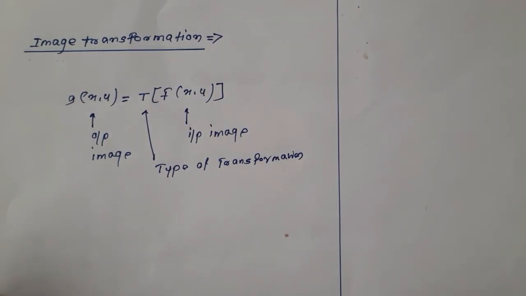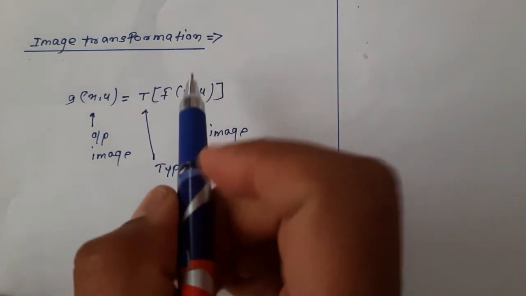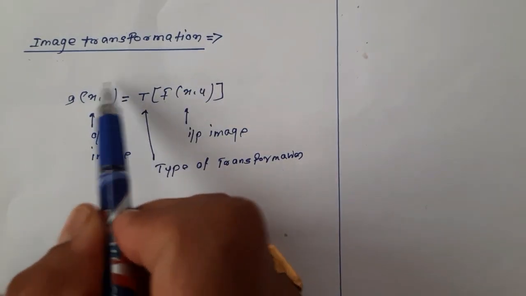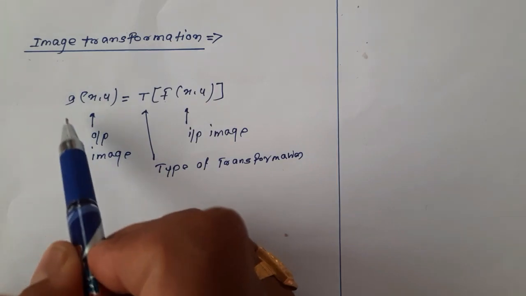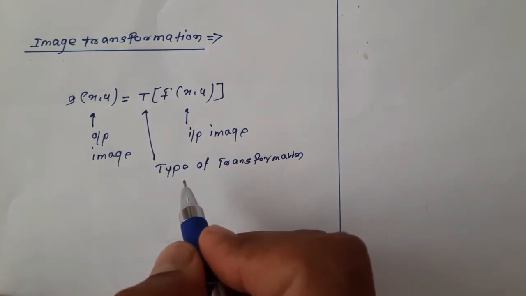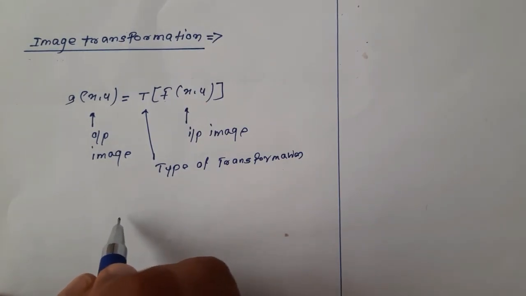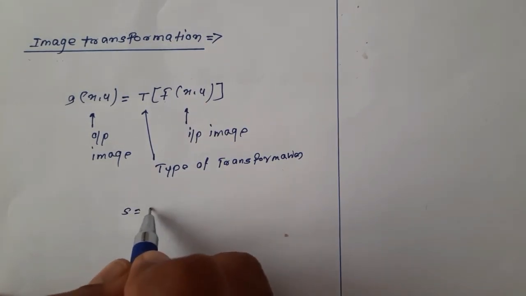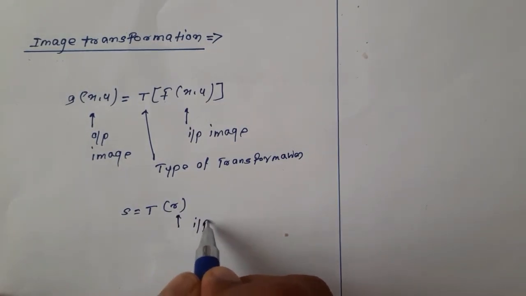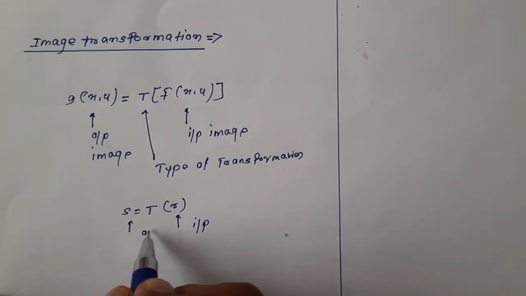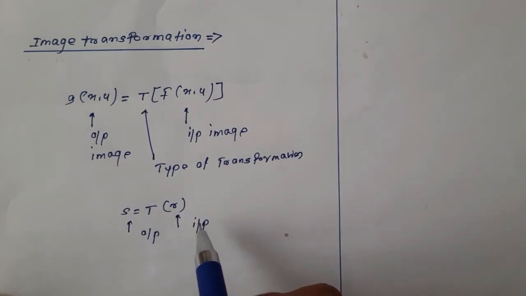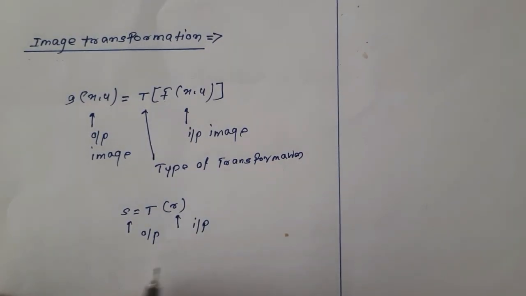Type of transformation means in this case we are going to transform f(x,y) to g(x,y). It's a 2D transformation, and in the same manner we can write S equal to transformation T on R, where R is your input and S is your output. So with the help of this formula we can transform one image into another image.